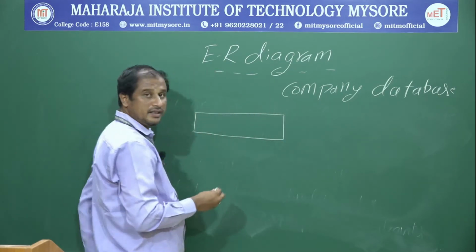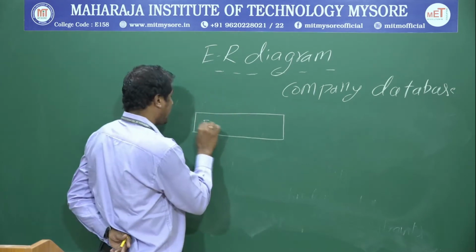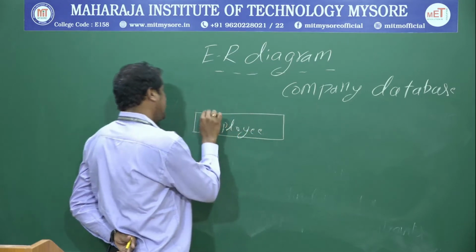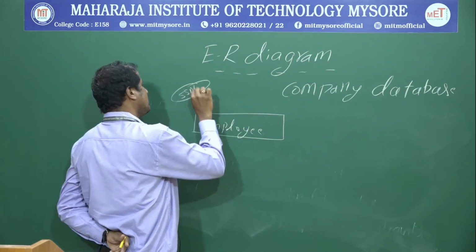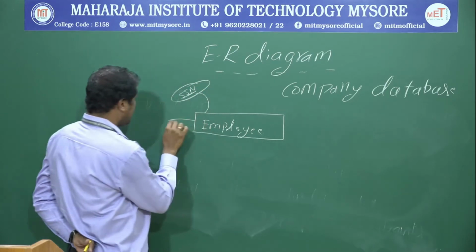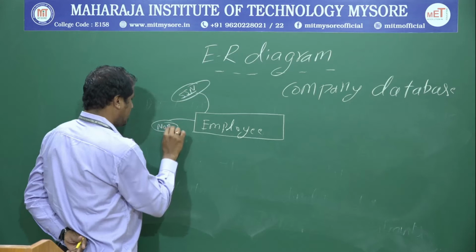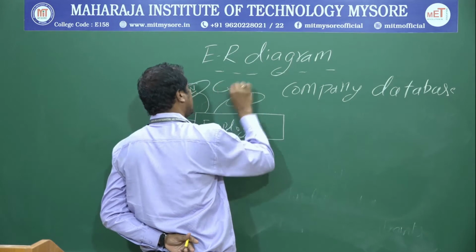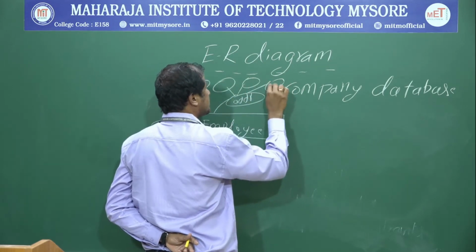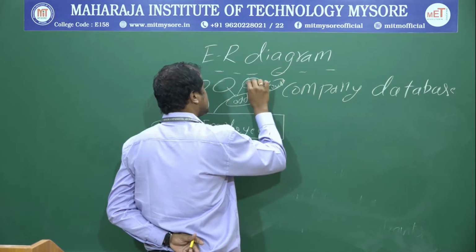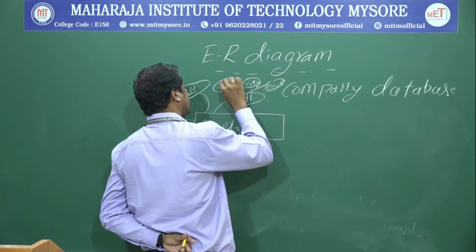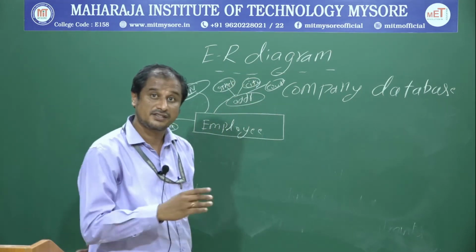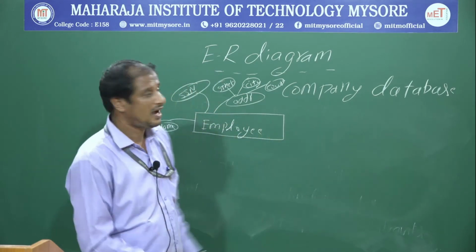In the company database, employee is an entity with SSN as the key, and name as another attribute. Address is another attribute, divided into country, city and street. That is, address is decomposed again into a set of attributes.